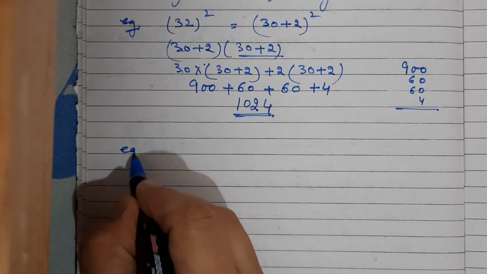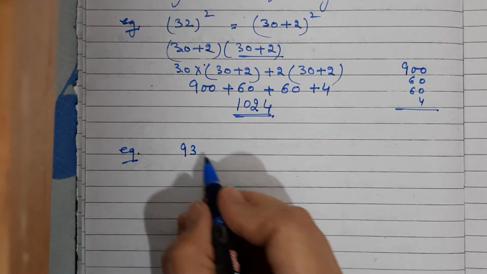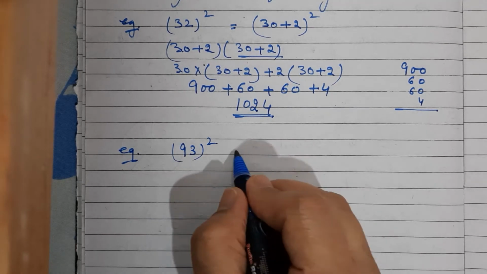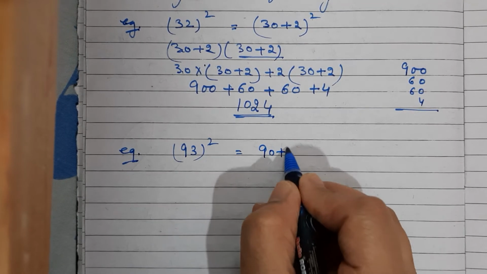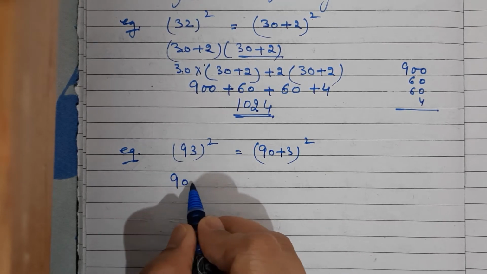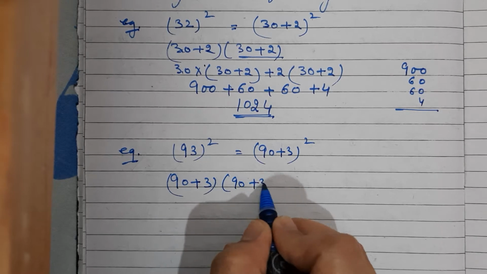Take one more example. This time we'll take 93. Now split the square of 93. Split the number. This will be 90 plus 3 whole square. Now the number will be written as 90 plus 3 into 90 plus 3.